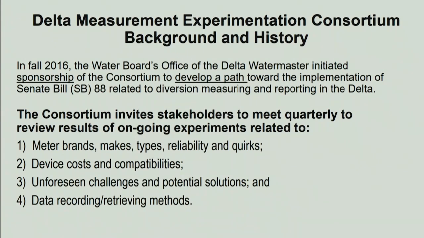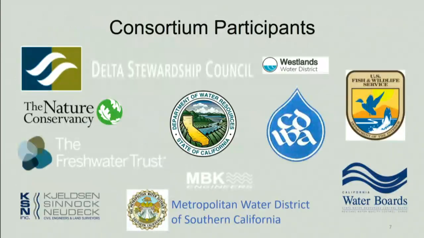And we tried, as we found these unforeseen challenges, to look for potential solutions and to make that information broadly available to the Delta community so that we could make greater progress toward getting to the objective of SB 88, which is to get better real-time information about water use in the Delta so that we can manage things better, particularly in times of shortage.